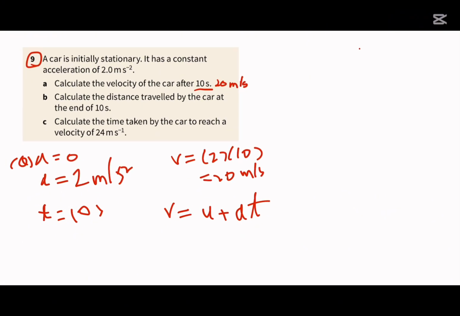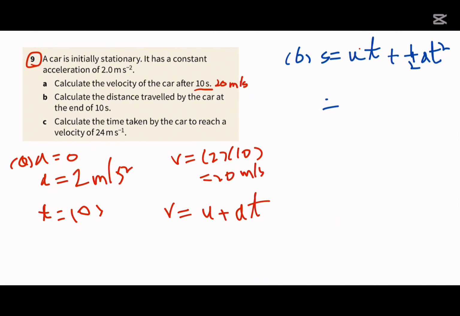Okay, so let's go to part B. Calculate the distance traveled by the car. There's an equation for this: the distance or displacement equals ut plus 1/2 at squared.